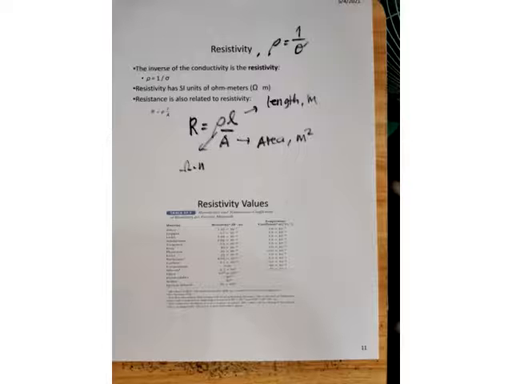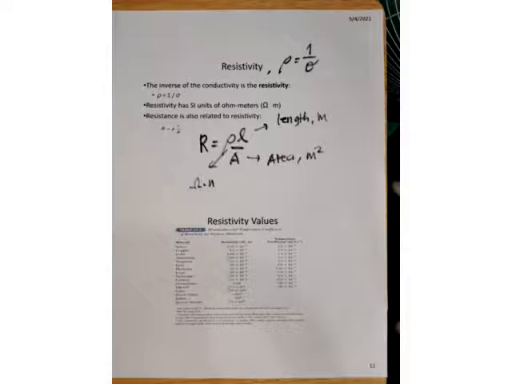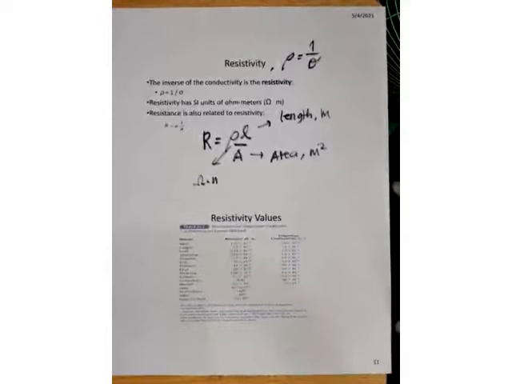Okay, so ibig sabihin, kung siya ang may pinakamababang resistivity, reciprocal nun ay siyempre, siya naman ang may pinakamataas na conductivity. So, pwede nating sabihin siguro na yung silver ay siya yung best conductor, kasi siya yung may pinakamababang resistivity. At the same time, siya yung may pinakamataas na conductivity.